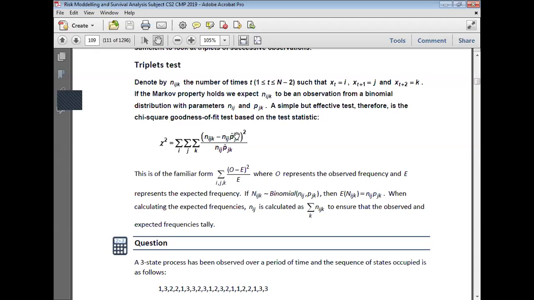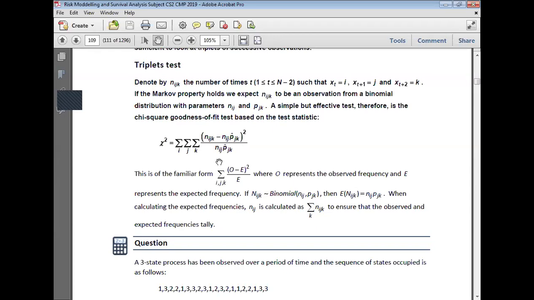So that is how you define your expected number of times that you will go from i to j to k. Okay, and then you have this Nij times P hat jk, which is the expected in the denominator. As I have already explained, why do we have expected in the denominator here?